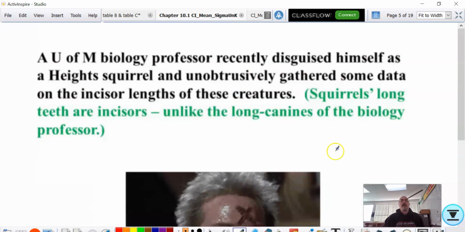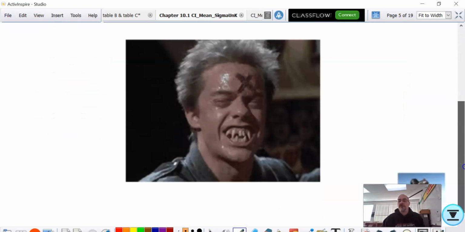All right. A U of M biologist professor recently disguised himself as a Heights squirrel and unobtrusively gathered some data on the incisor length of these creatures. Squirrels' long teeth are incisors, unlike the long canines of the biological professor. I wish we were in class doing this.